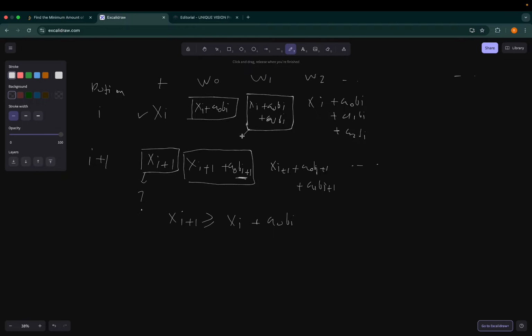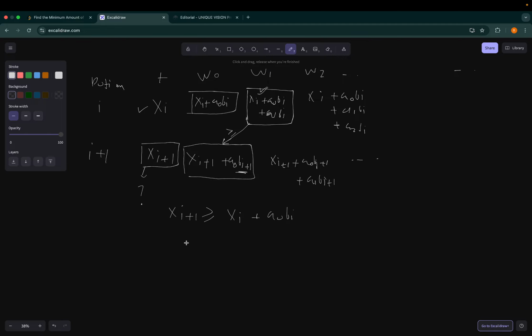So this time should be greater than or equal to this time, right? Because this is the time at which wizard 0 hands over the potion to wizard 1, and this is the time at which wizard 1 becomes free to take on another potion. So basically we get an inequality of a diagonal relation. And then this should be greater than or equal to this. Then this should be greater than or equal to this, right?